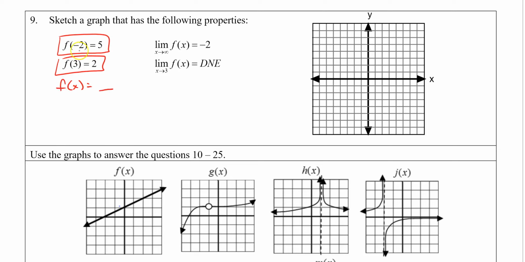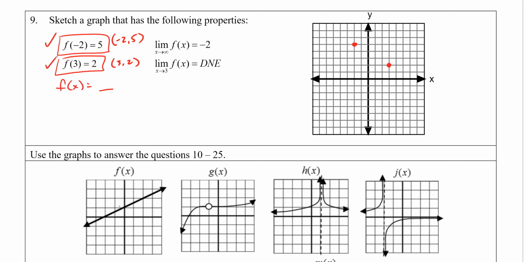That means that when x is negative 2, y is 5. So that's like saying there needs to be a point at negative 2, 5, and there needs to be a point at 3, 2. So at negative 2, 1, 2, 3, 4, 5, there should be a point there. And at positive 3, there should be a point at 2. Alright, so that satisfies the first 2.